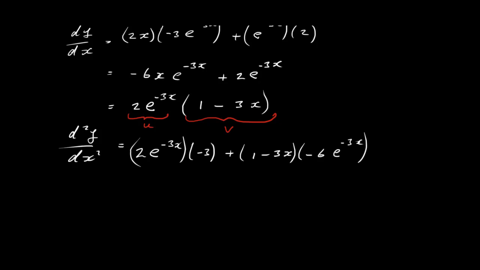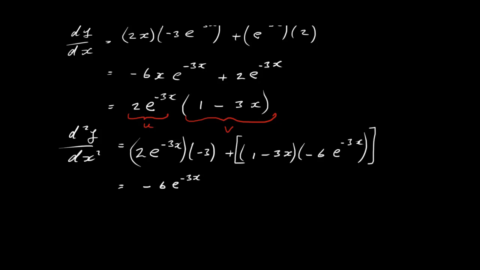Okay, so let's just tidy this up a little bit. So it's going to be minus 6 e to the power of minus 3x. That's the first part. And here I'm just going to take these two here and multiply them out.